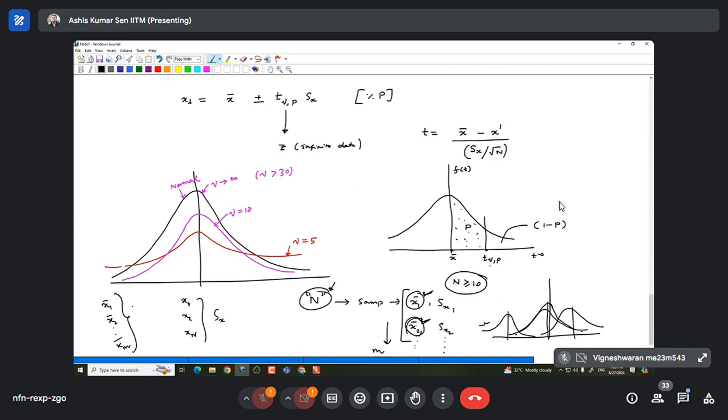If you find the standard deviation of this data set of x means, then the standard deviation of the means of the individual data sets, m data sets, is going to be the standard deviation of a given data set divided by the square root of n, the number of data points in each data set.